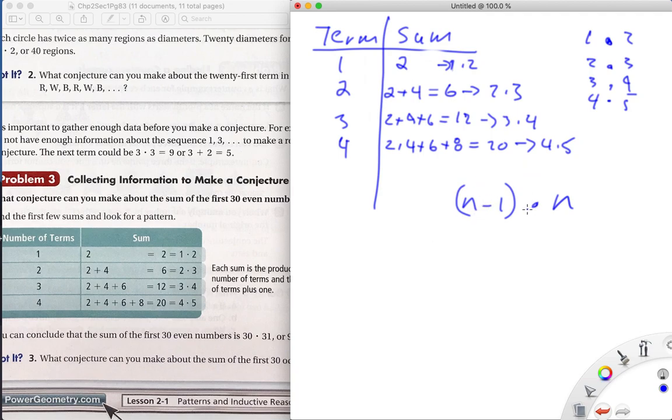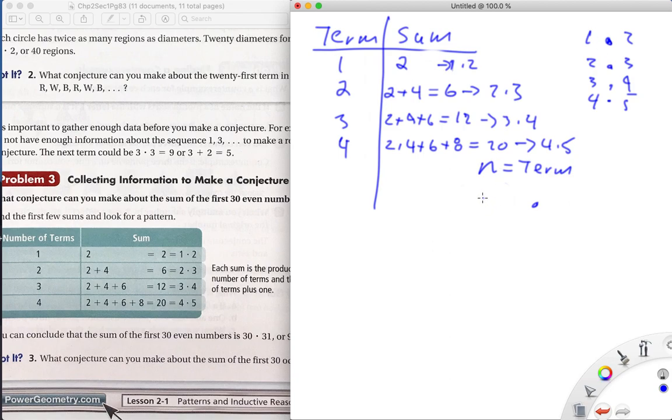So if I was to say where n equals the term, the 30th term, actually, these are the terms over here.